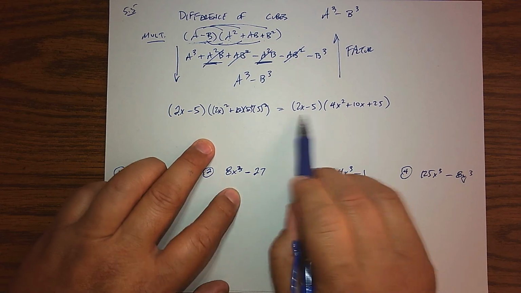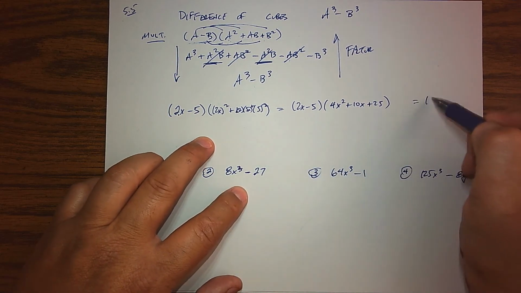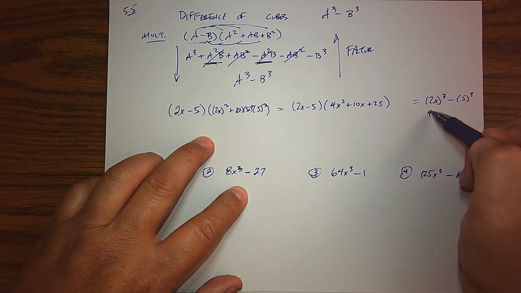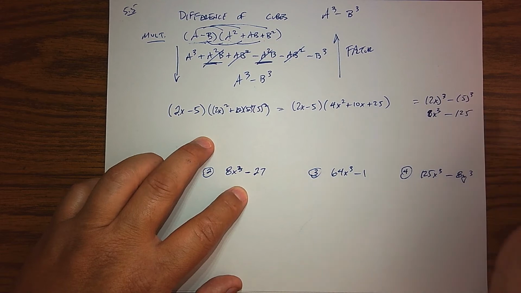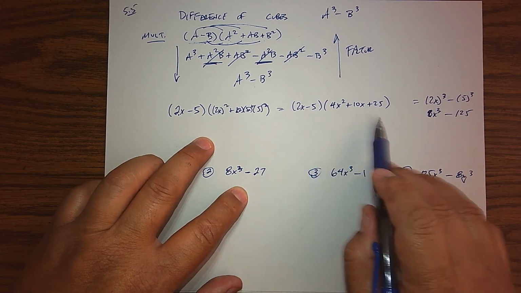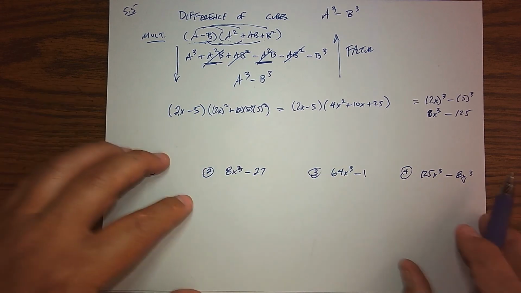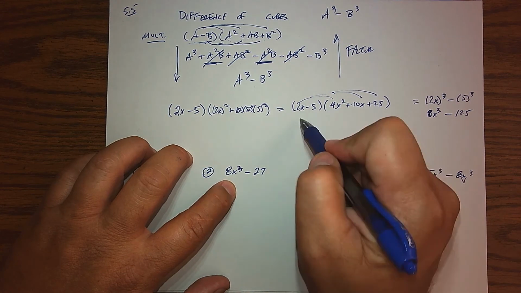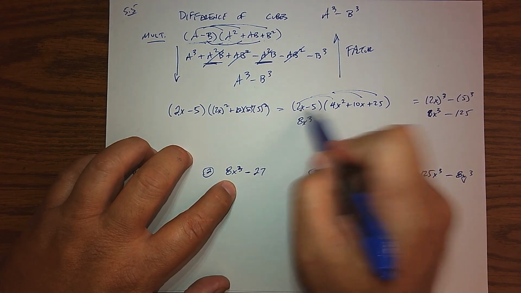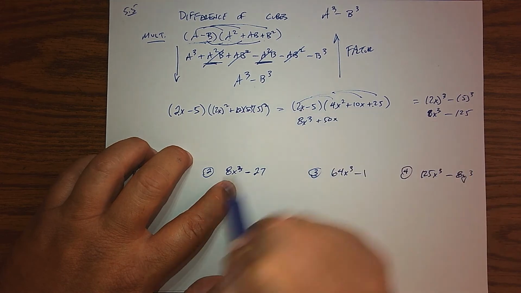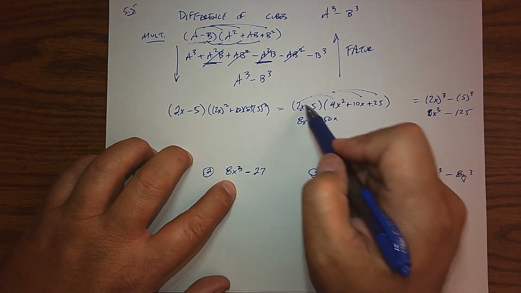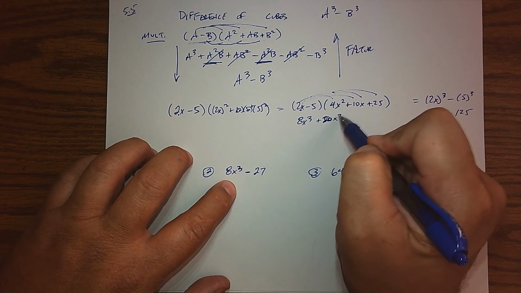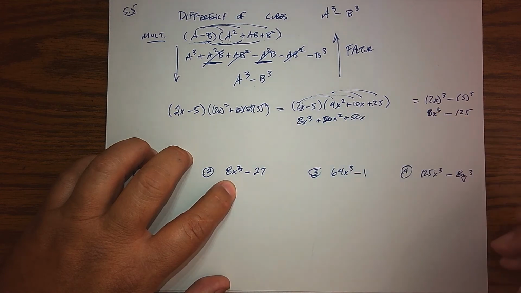If we FOIL this out, what we are going to get is 2x cubed minus 5 cubed, which is 8x cubed minus 125. Let's do the multiplication to see that what I'm telling you is true. When I FOIL this out, 2x times 4x squared gives us 8x cubed. 2x times 10x is 20x squared, and 2x times 25 is 50x.